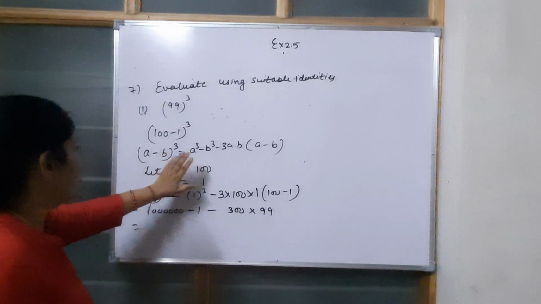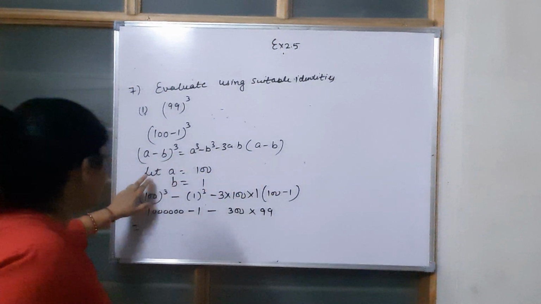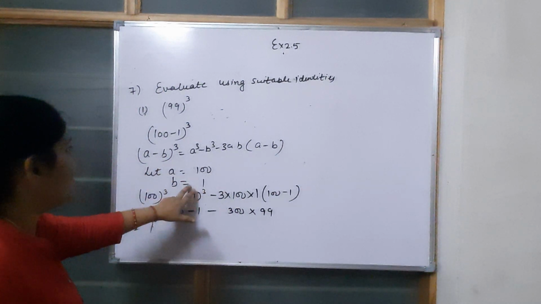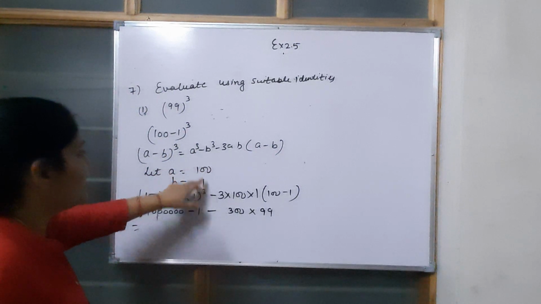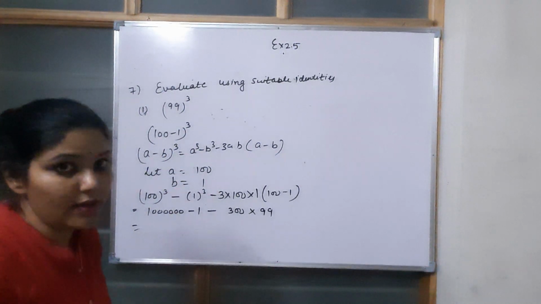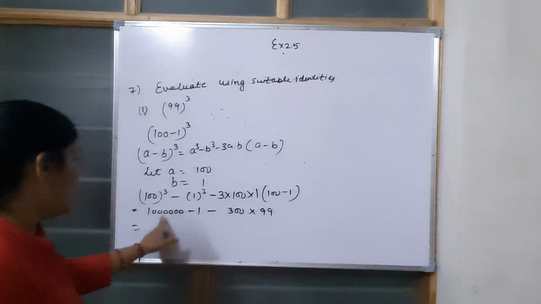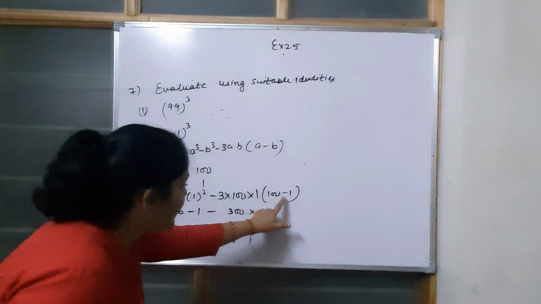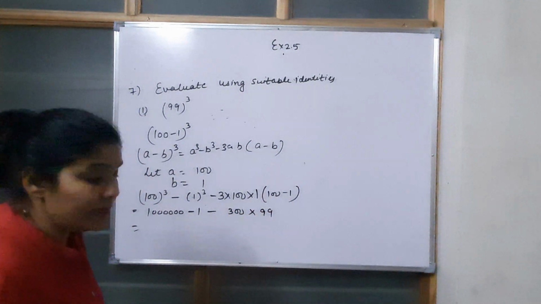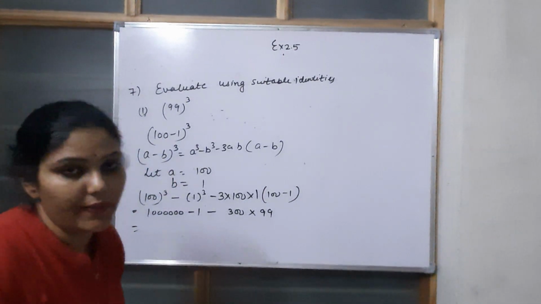So (a minus b) whole cube will be a cube minus b cube minus 3ab (a minus b). We will put a equal to 100 and b equal to 1 in this identity to get the answer. 100 cube is 100 into 100 into 100, minus 1. 3 into 100 is 300, into 100 minus 1, which is 99. Now you will apply the BODMAS rule. You will solve this first and then simplify to get the answer.